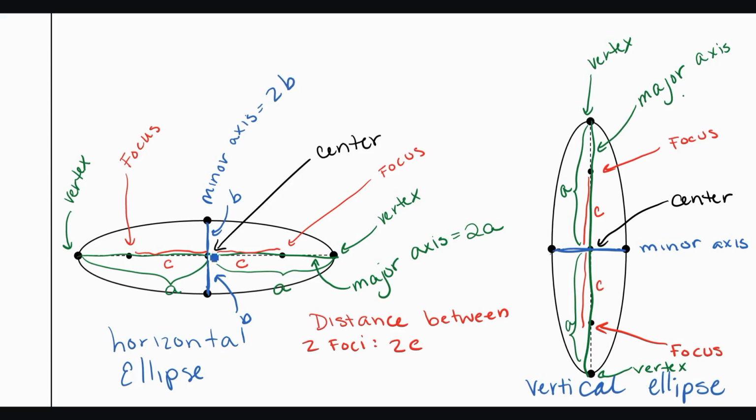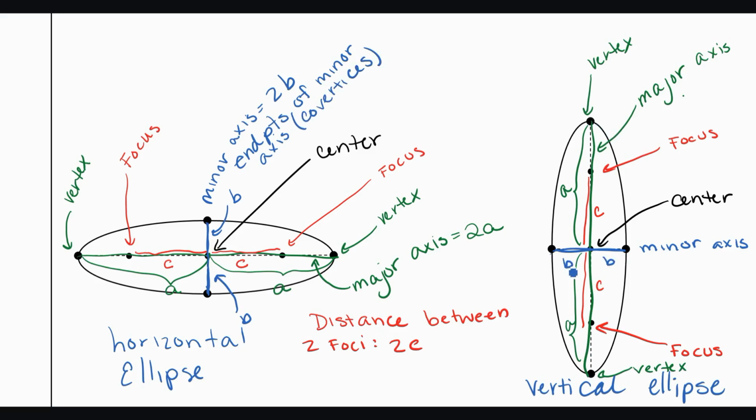These endpoints don't have a special name, or sometimes they're called different things. In our book, we call them the endpoints of the minor axis. In other books, you might see them called co-vertices. So this right here would be B, and this right here.